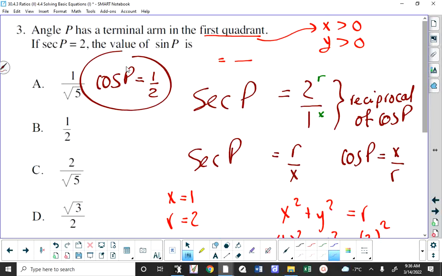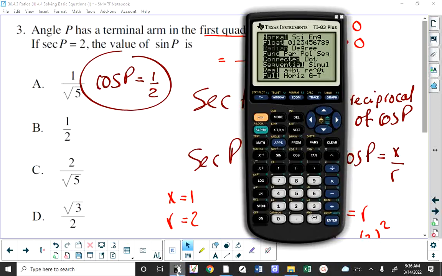In other words, since secant is the reciprocal of cosine, I'm just going to say cosine is the reciprocal of secant and flip it over. But what I can do now, and this is just a very quick way to get the answer to the question, if cosine of P is equal to 1 over 2, then inverse cos of 1 over 2 gives me angle P. So this is the angle.